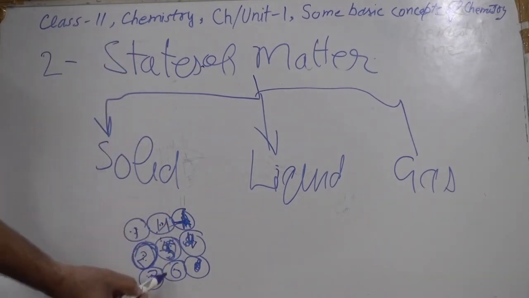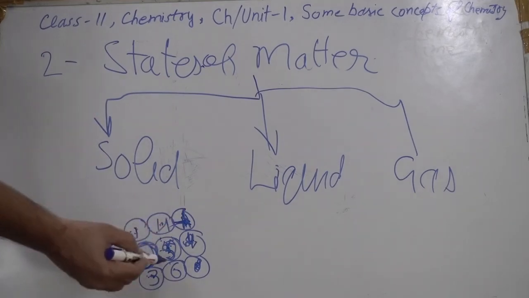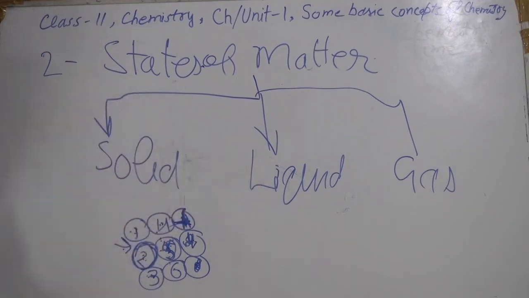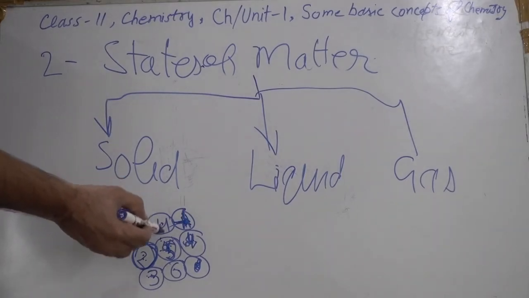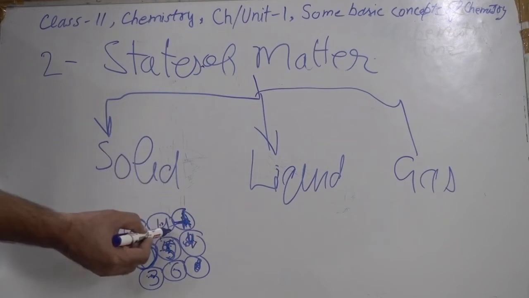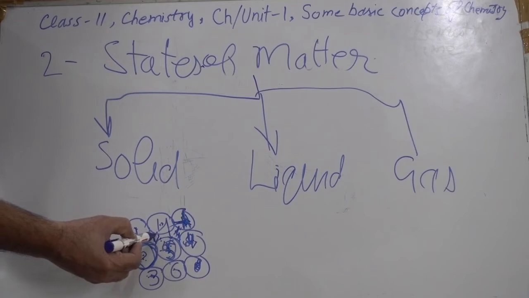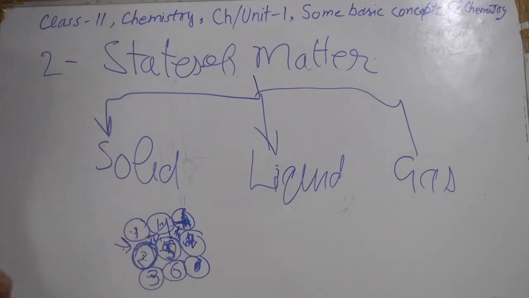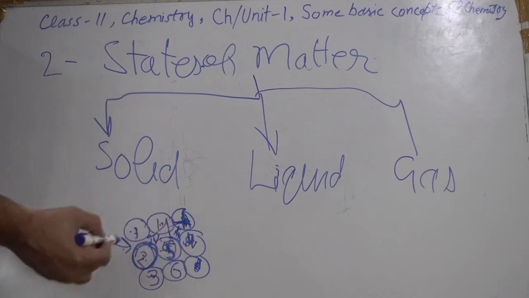What happens when some heat energy is supplied to this? Usually this solid turns into liquid state. What happens? This vibrational energy exceeds the force of attraction between one molecule and another, which was not earlier allowing these to go away.